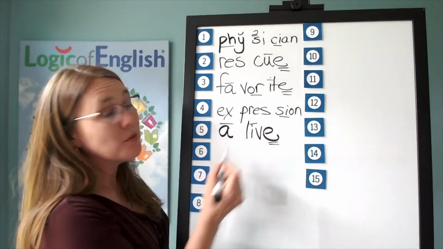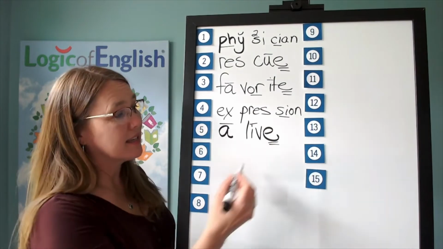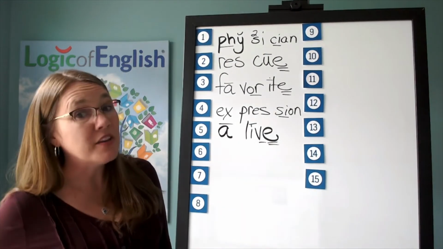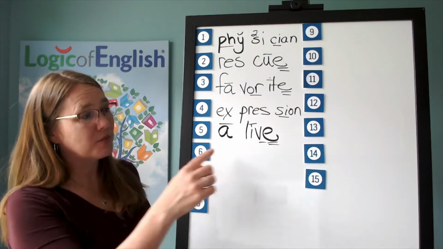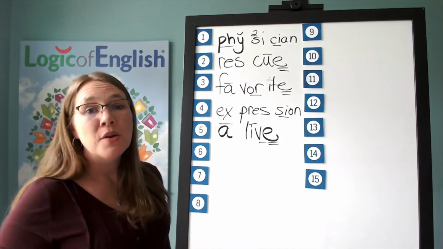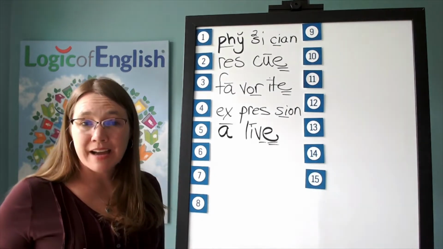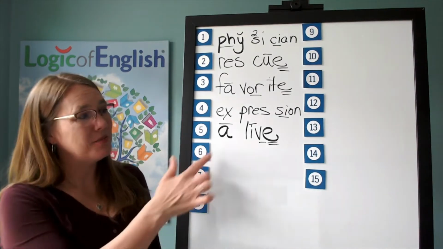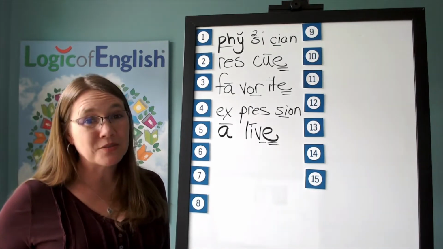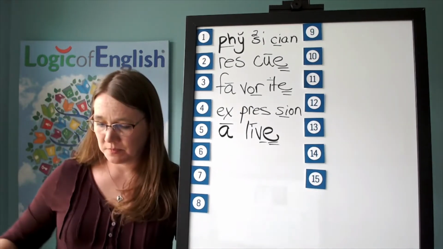That's right, the vowel said its long sound because of the E. And English words do not end in V or U, therefore add an E. Let's read it. A-L-I-V, alive. Once again, we say alive rather than alive because this is an unstressed syllable. So it is a schwa sound or a lazy vowel.